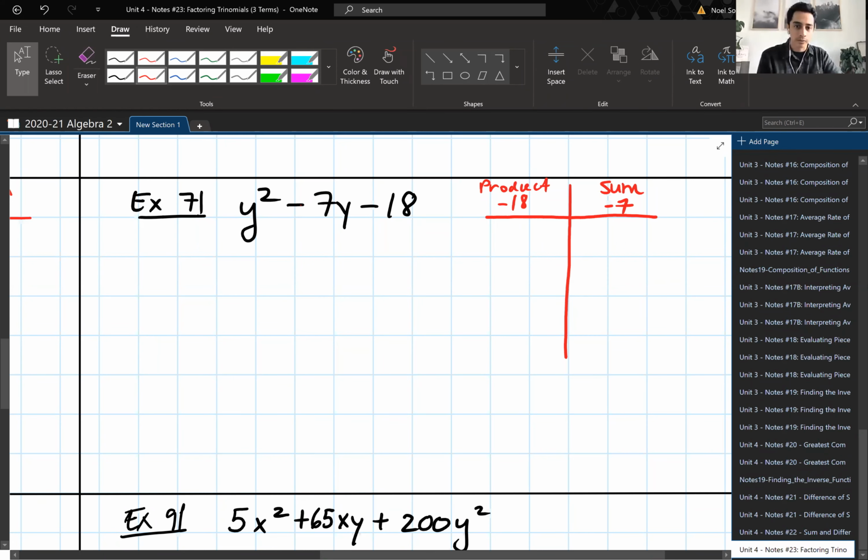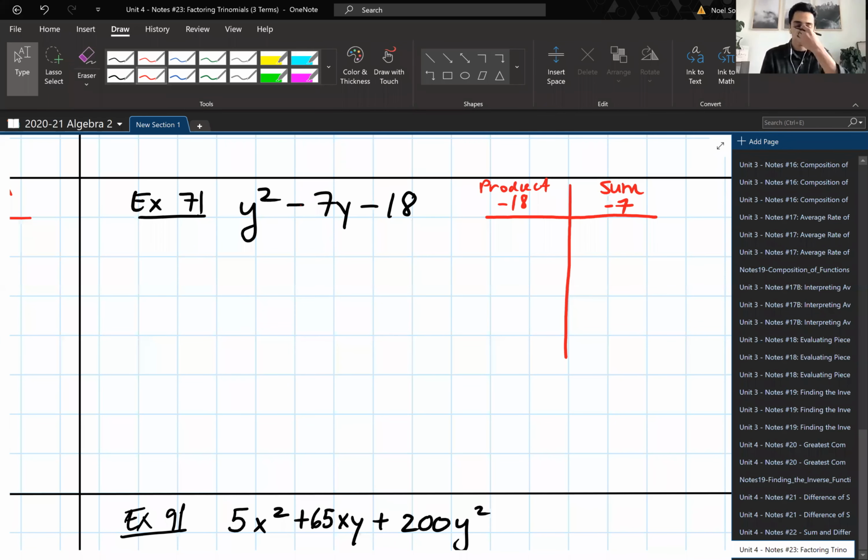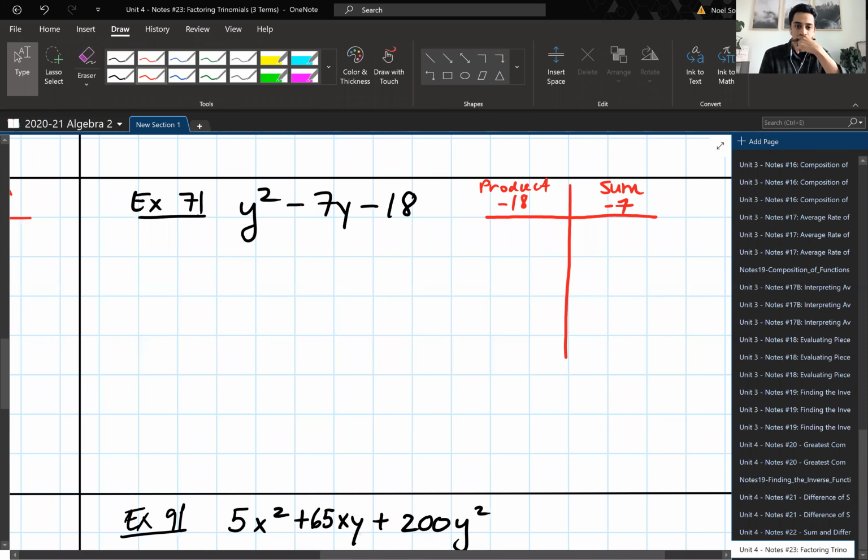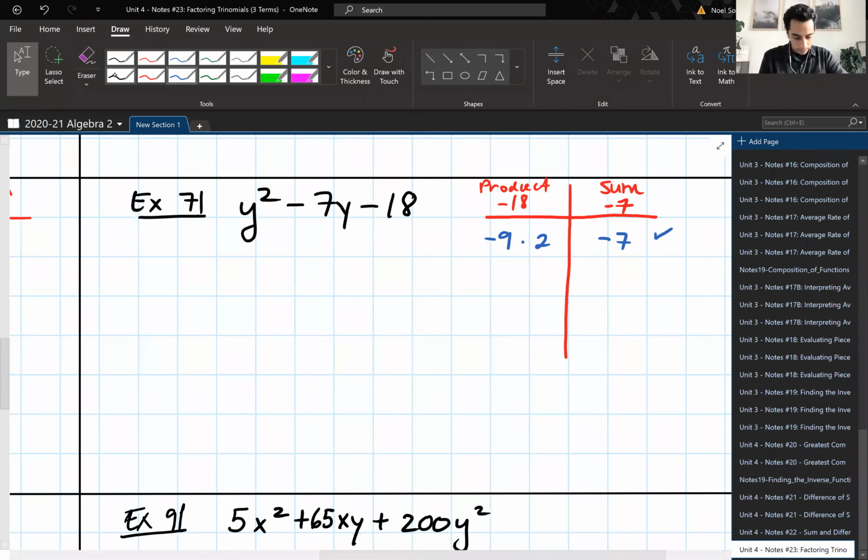What factors could work for this? Yeah, looks like negative 9 times positive 2, right? Negative 9 times positive 2 gives us negative 18. If we add negative 9 plus 2, we still get negative 7. Right, so that combination looks like it's going to work for us.